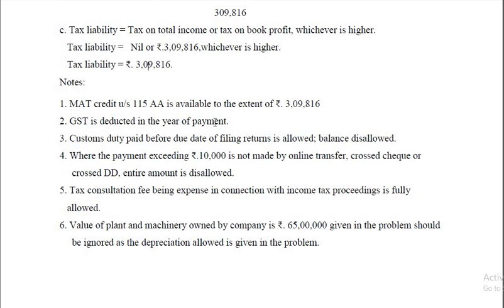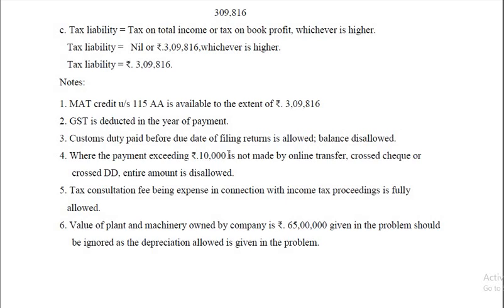GST is deducted in the year of payment, on payment basis. Customs duty paid before the due date of filing return is allowed. Balance is disallowed. Out of 21,000, 11,000 is paid. Therefore that is allowed. Remaining 10,000 is disallowed.